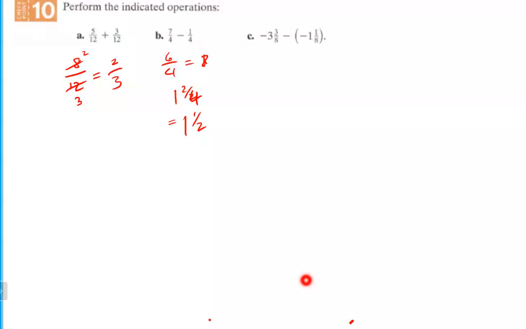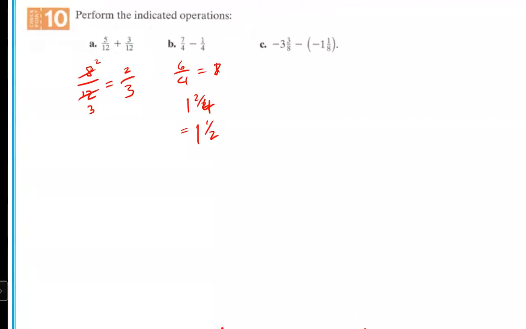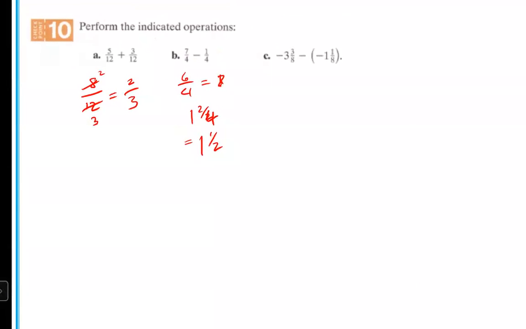Okay, Miss La Rochelle, tell me what we need to do in C. We can turn them into an improper fraction. So 3 8s are 24 plus 3 is 27/8. And by the way, that's negative 27. Okay. Minus. And then in the bracket, that would be 9/8.